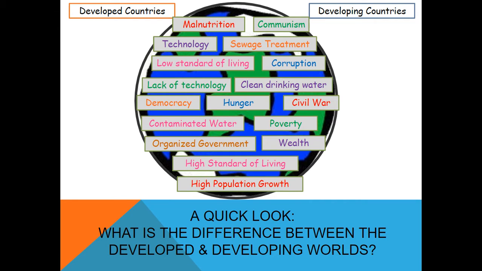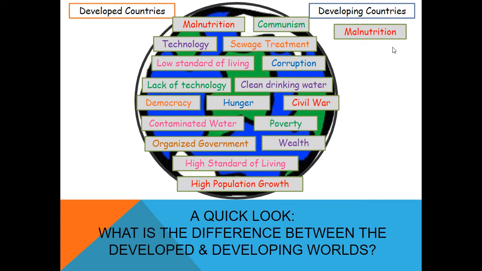So if we were to take these statistics or variables and try and put them into 2 categories, categories you see there at the top, you have developed countries there on the left and developing countries on the right. Here's how these would sort out. So I'm just going to click through these because you're going to click through each one. Malnutrition. Malnutrition is a lack of calories, lack of proper food intake, which leads to starvation, disease, and sickness.